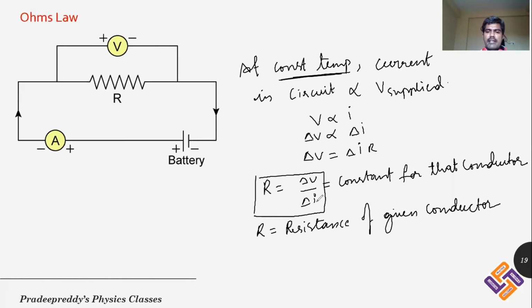R is delta V divided by delta I, which is the reciprocal of the slope of the VI graph. And remember, resistance is defined from Ohm's law. And there are few factors on which resistance depends. What actually resistance means, and on what factors that resistance depends, we will be discussing in the next coming slides.